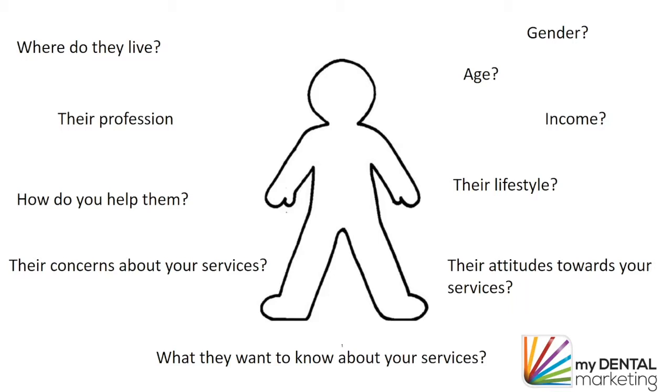What are their attitudes towards your services? What do they want to know? Many practices will have more than one ideal patient. So it might be you want the young families, but you also want the young professionals, no families, high income.